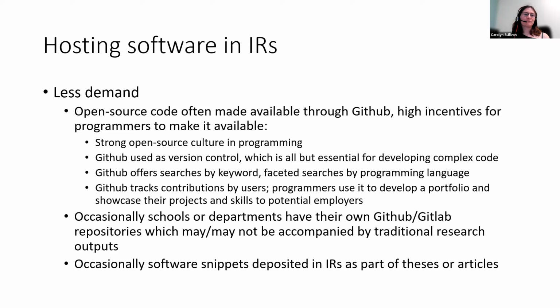GitHub, which is the coding repository, is used as version control, which is all but essential for developing complex code. And it has excellent searches by programming language or keyword that can be used to help folks who are looking for solutions to code-specific problems.